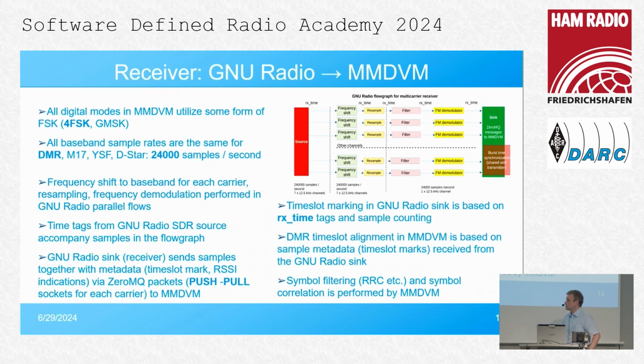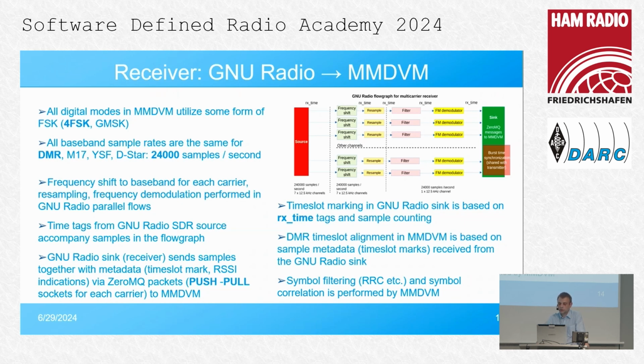The flow graph here performs a frequency shift to baseband of samples coming from the GNU Radio source, so basically from the device. Then it will also perform some resampling and, of course, filtering. Then finally, frequency demodulation so that we get to actual symbols.